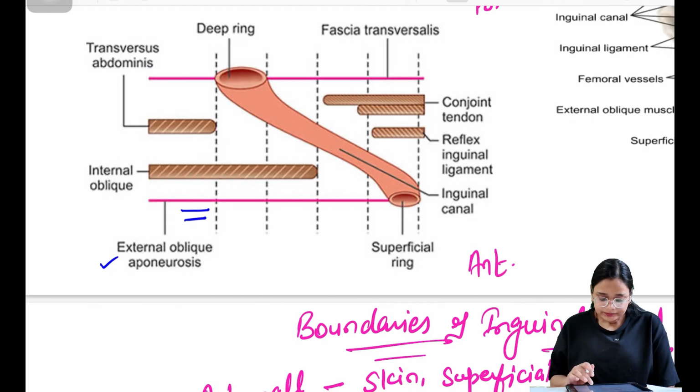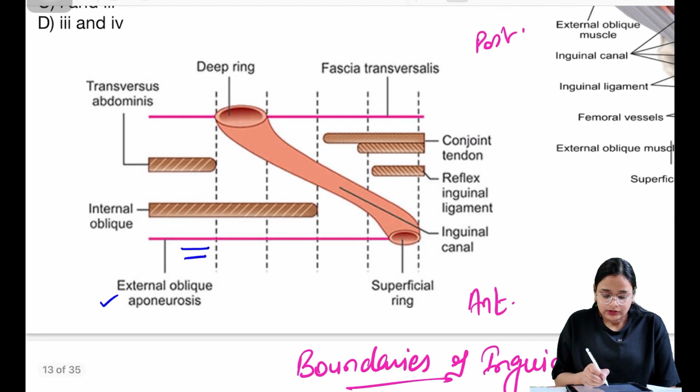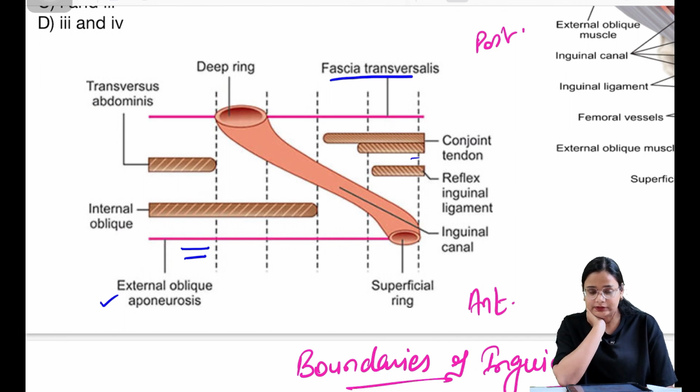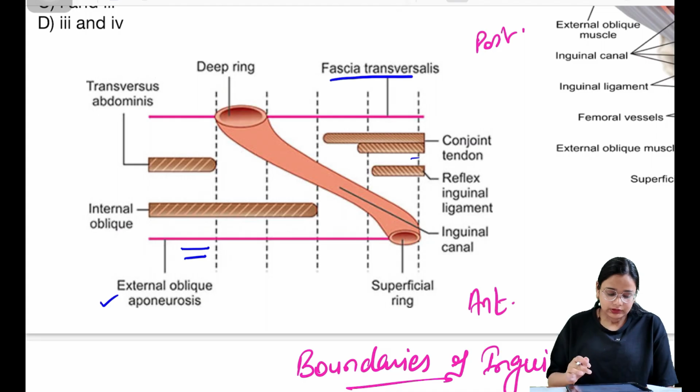The posterior wall is made up of fascia transversalis along with the conjoint tendon. The roof is formed by arched fibers of internal oblique and transverse abdominis muscle, and the floor is formed by the inguinal ligament.